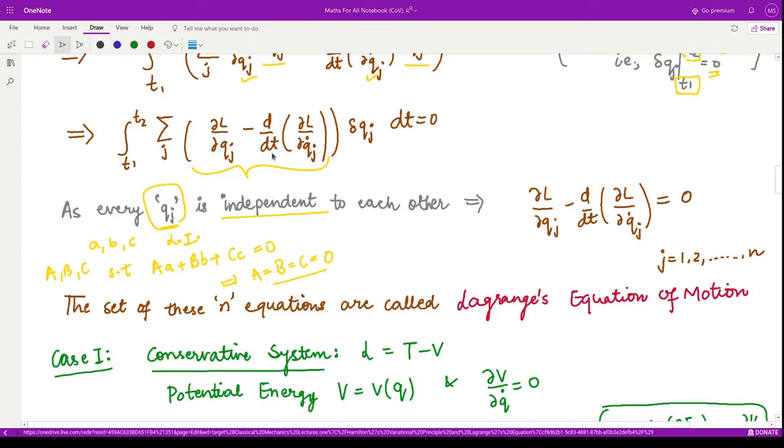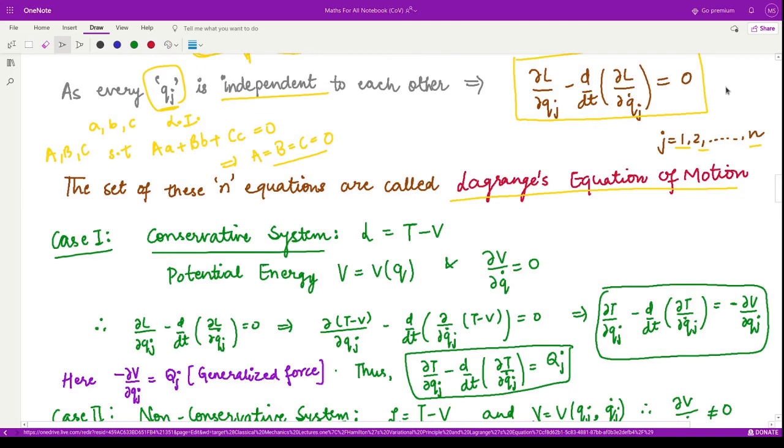From this condition, we can have these coefficients equal to 0. And how many such coefficients are there? There are n such coefficients. So we have n equations of such kind. Now these equations are known as the Lagrange equations of motion.